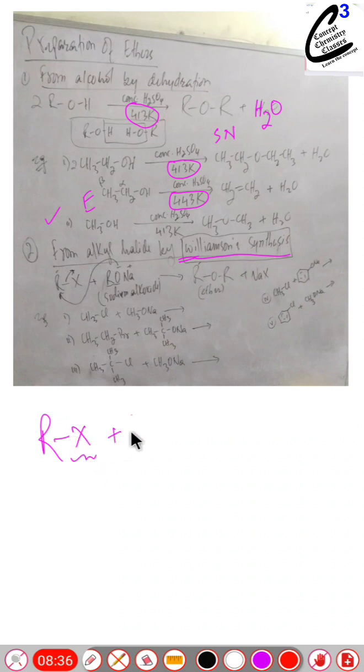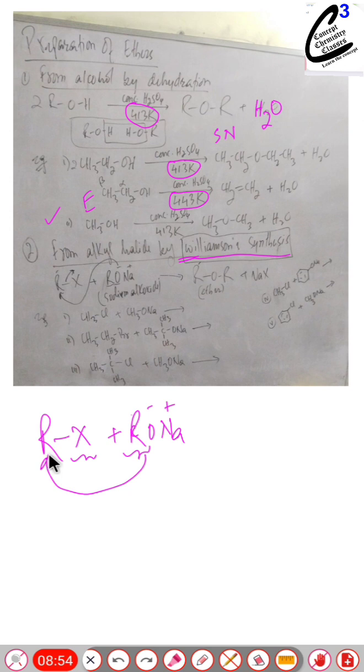When this is reacted with RONa, sodium alkoxide, this has to be plus and this has to be minus. This is our alkoxy group, which acts as nucleophile to attack this alkyl group to displace this halogen, so to form ROR, ether as the product along with NaX.